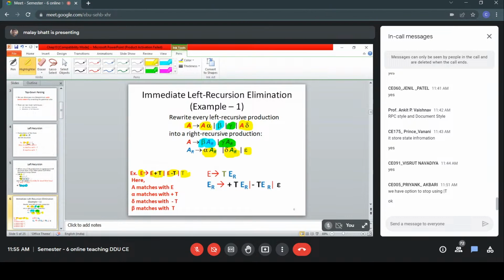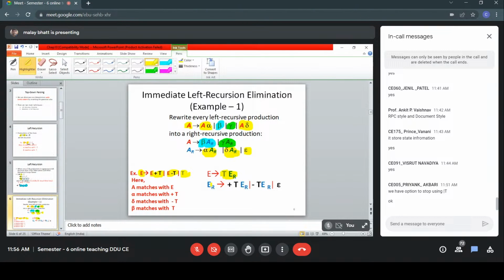Now if we match, A matches with E, alpha matches with plus T, delta matches with minus T, and beta matches with T. Beta means the production rule in which there is no left recursion, so we'll write E gives TER, because T is the production rule in which there is no left recursion.